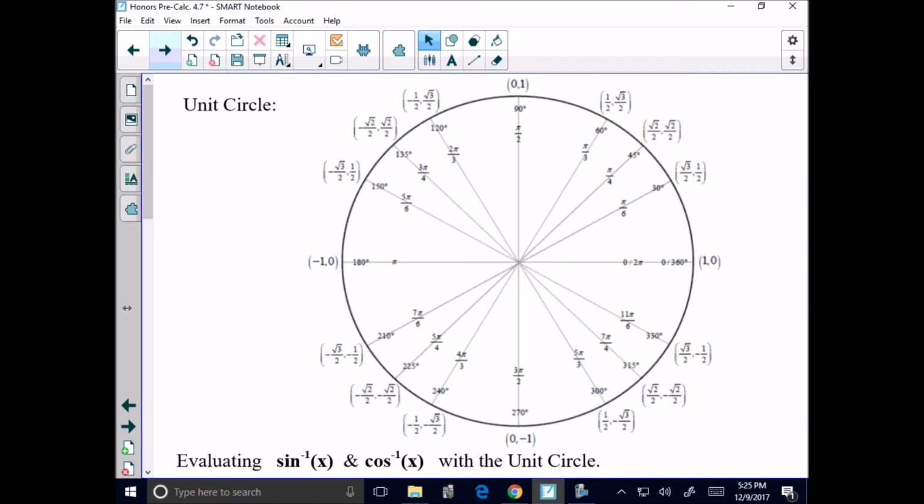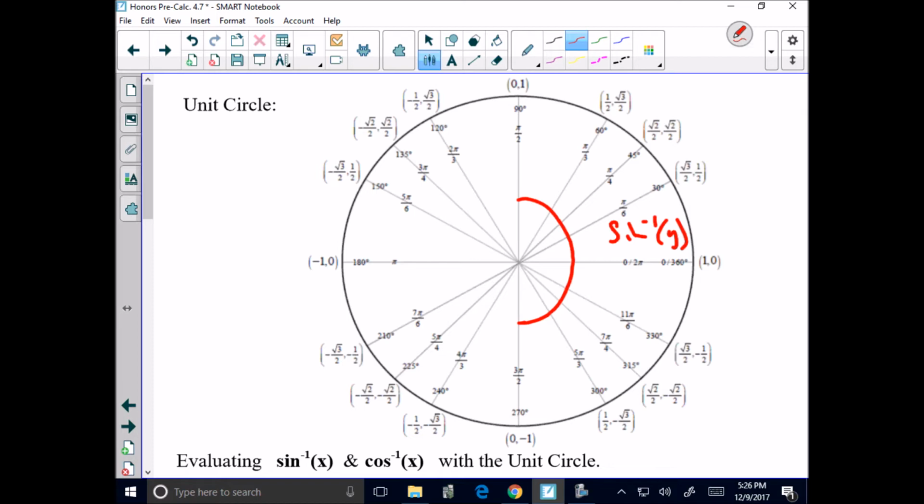We've got our unit circle here. We want to remind ourselves where we're evaluating these inverse trig functions. So inverse sine is going to take its input as a y value on the perimeter of the unit circle, and it's going to give its output as the rotation where we have that y value on the right side of the unit circle.